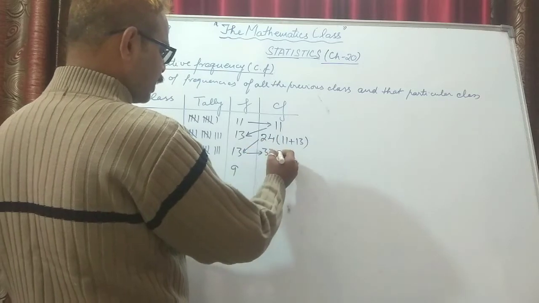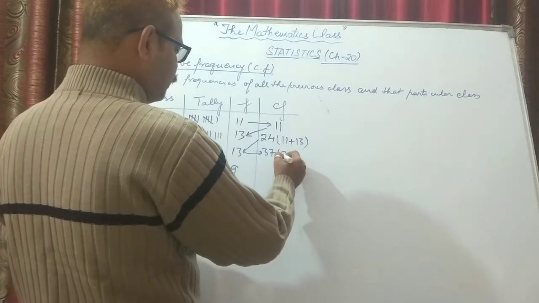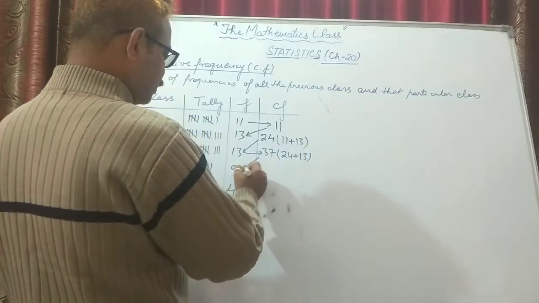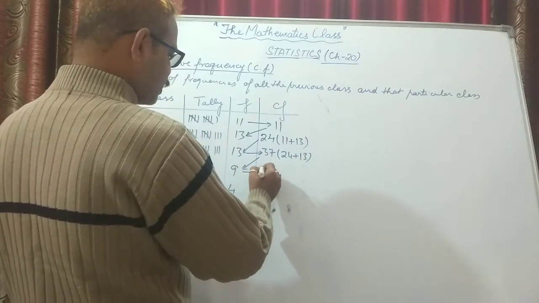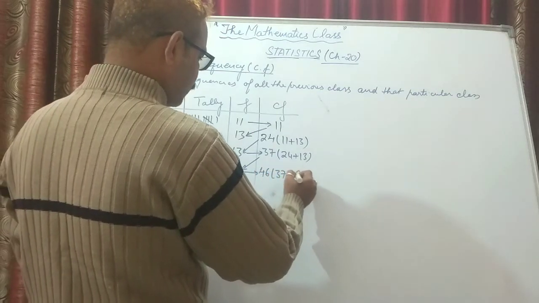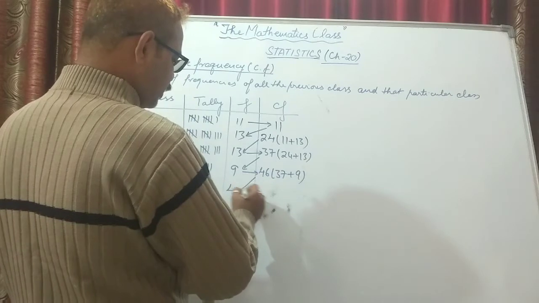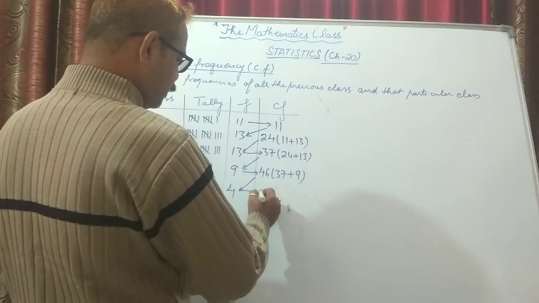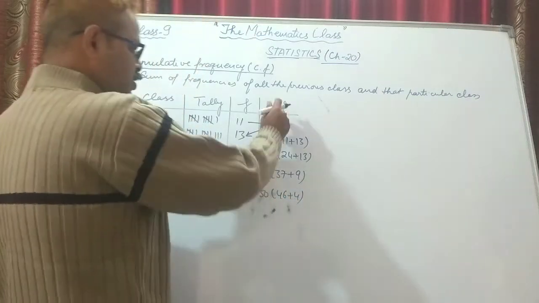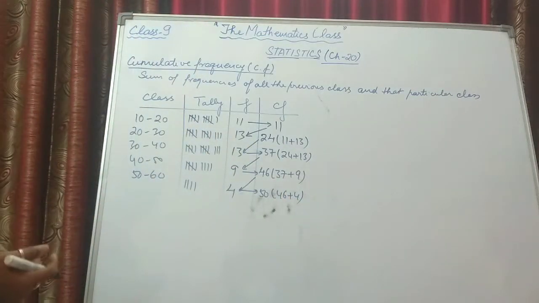Similarly, 37 plus 9 is 46, and then 46 plus 4 is 50. So this is cumulative frequency.